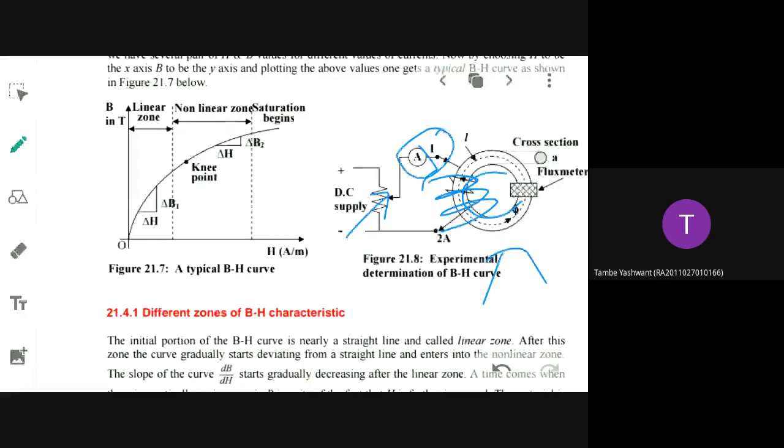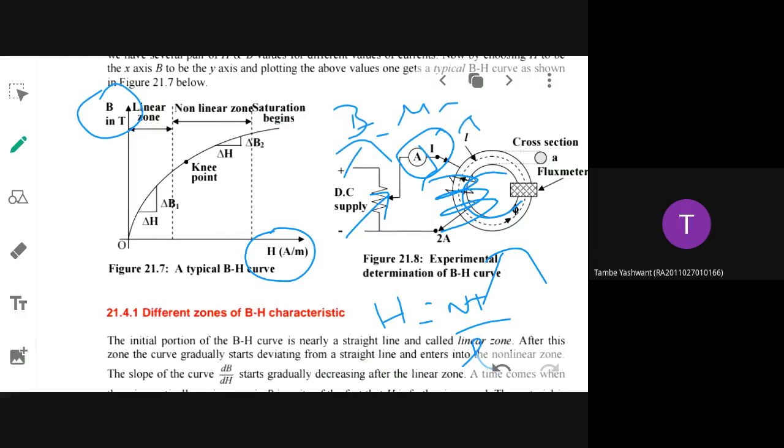Whenever the current is varied, what will happen to H? Magnetizing force will also change, because H is equal to Ni divided by L. So if you vary the supply, the current varies and H will also vary. With the H variation, what will happen to B? B is equal to mu H, so if you vary H, B will also vary.